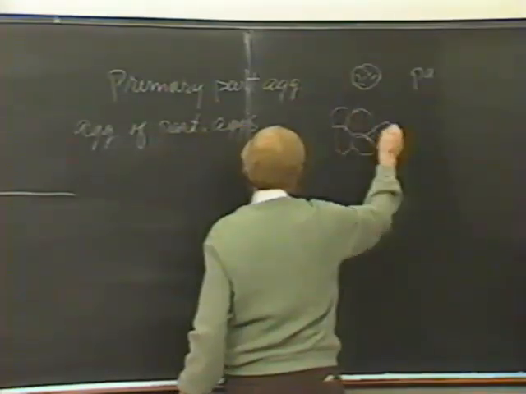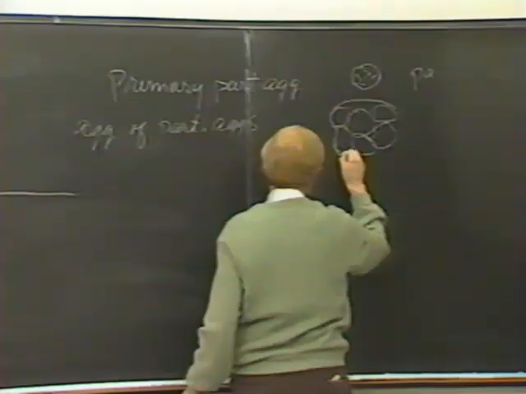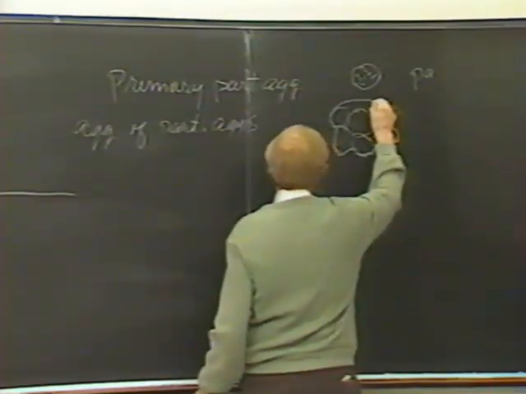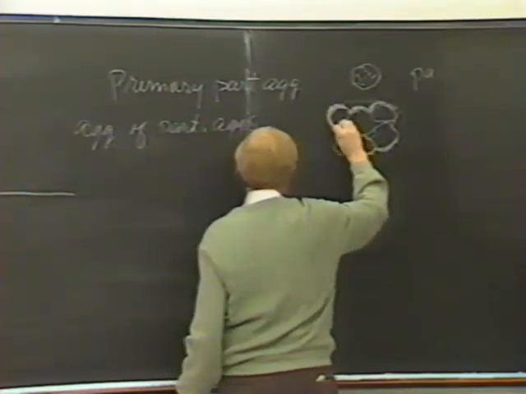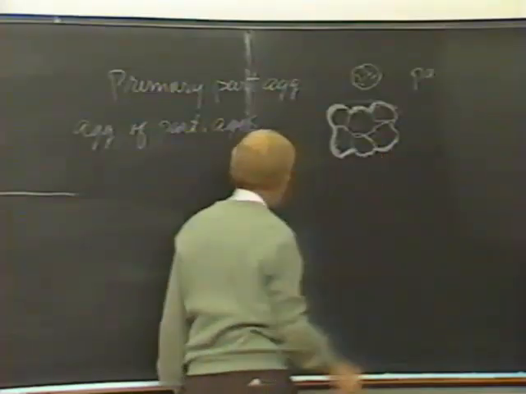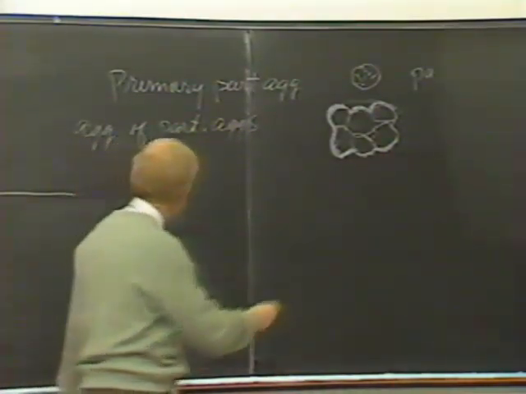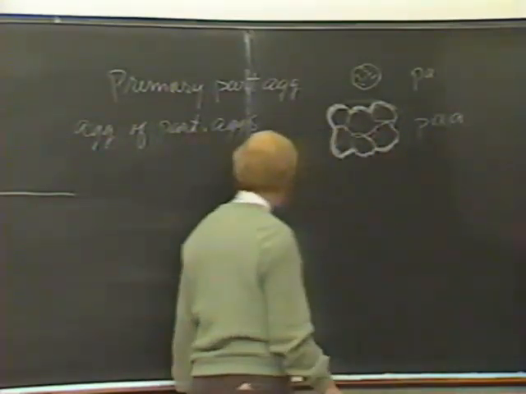You can see that each of these particles, the primary particles of which the aggregate is composed, has the density of this kind of an aggregate. But now we have additional pore spaces between the primary aggregates in this aggregation of particle aggregates.